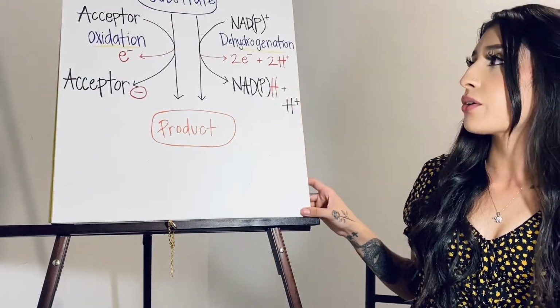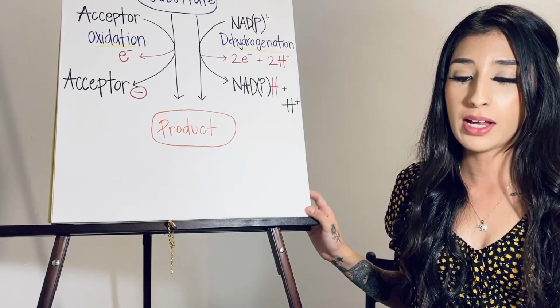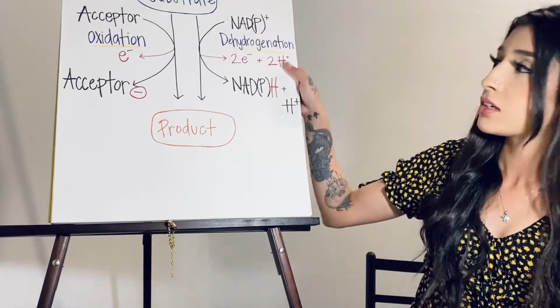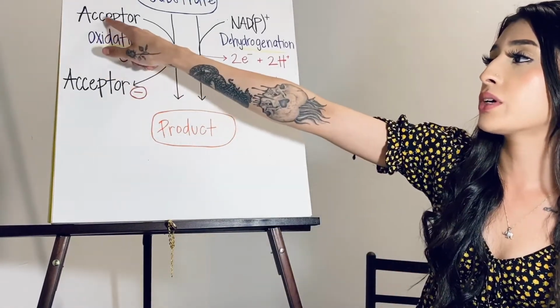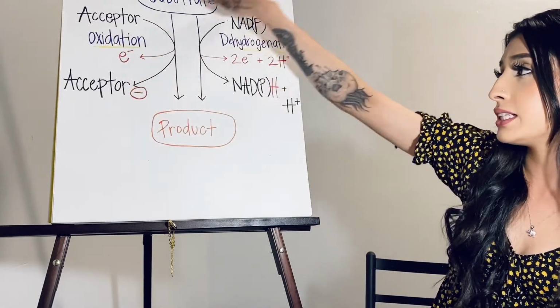So now that we know what oxidation and dehydrogenation both are, we can go on and start explaining what substrate level phosphorylation is. So again, oxidation, you're giving an electron to an electron acceptor.